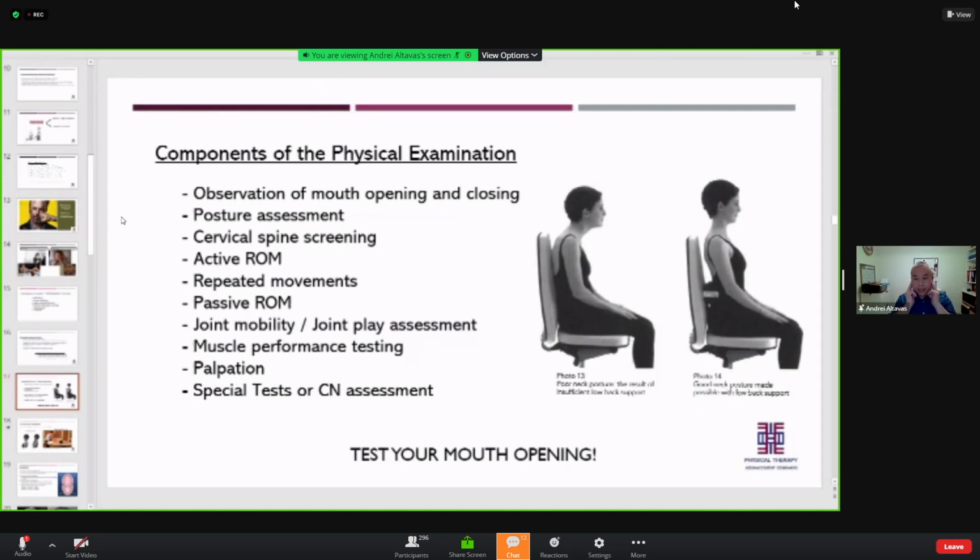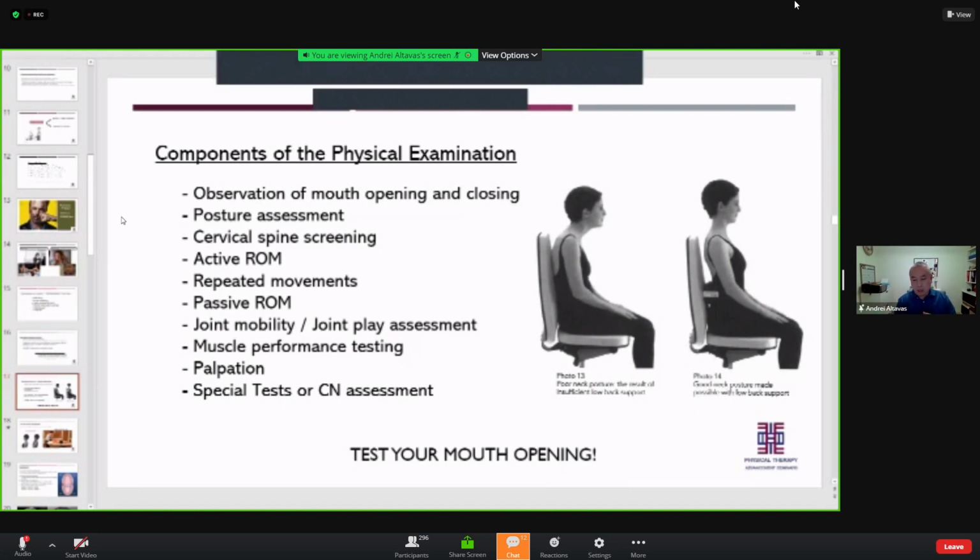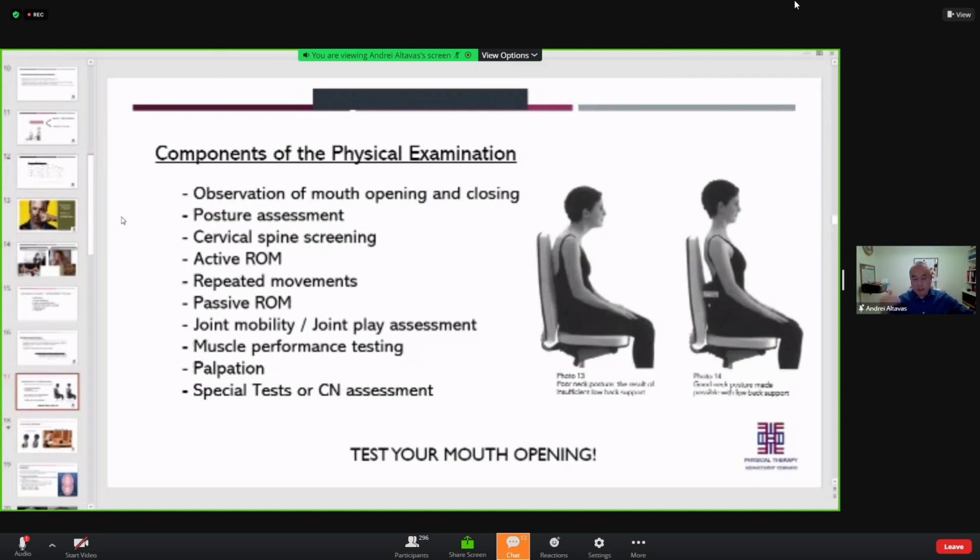Palpation is mainly directed to the muscles of mastication, so I'm looking for trigger points and all that. Special tests also, and our cranial nerve assessment for those patients who are exhibiting CNS lesions. That would be a part of our systems review.